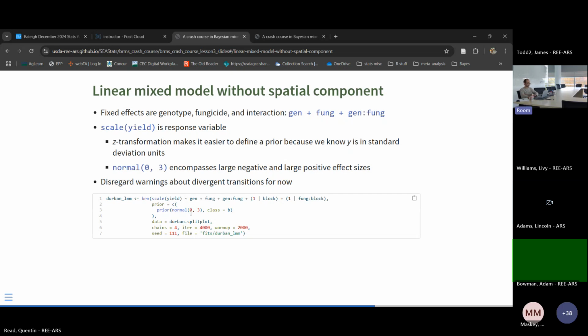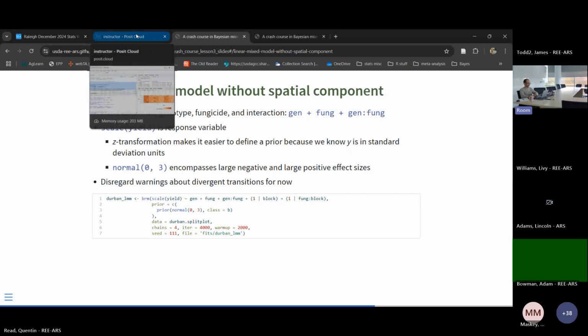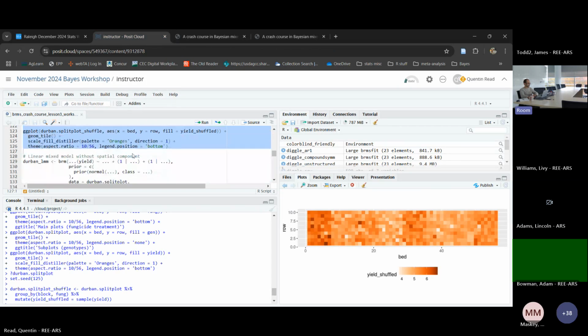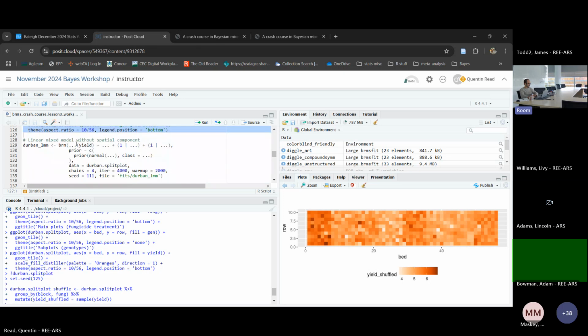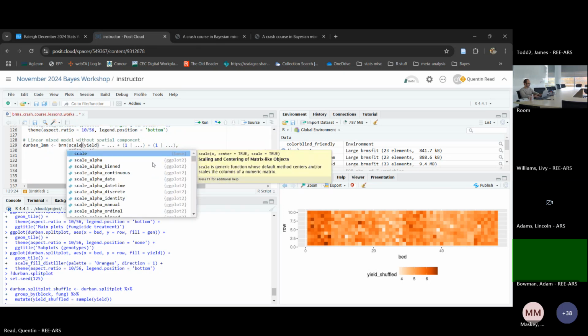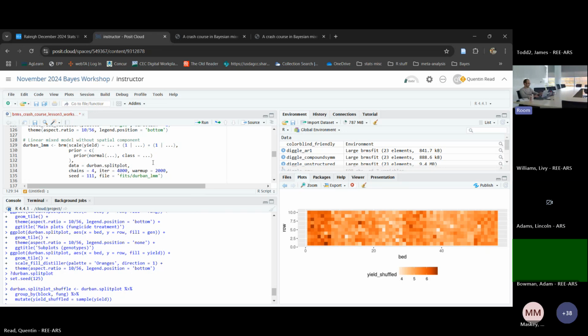So we're going to fit this model. I've left a lot of blanks here. We're going to scale the yield variable. I didn't mention the random effects yet; I will in just a second.